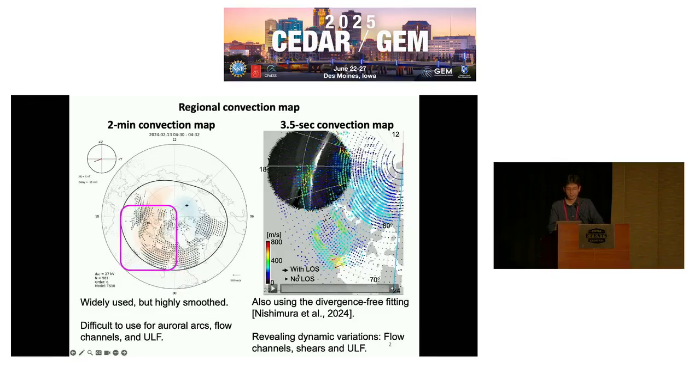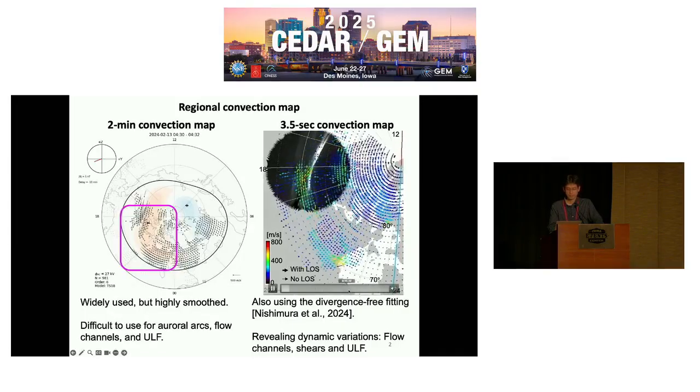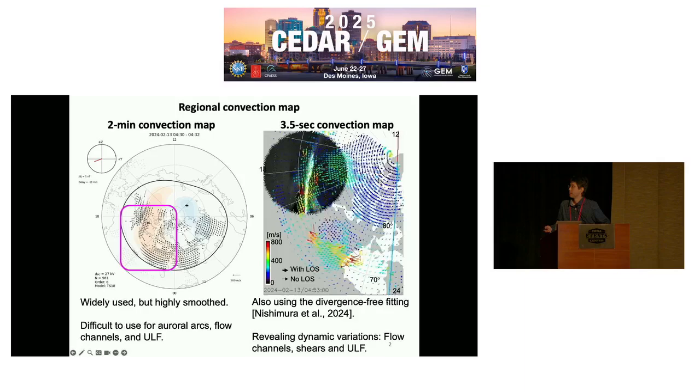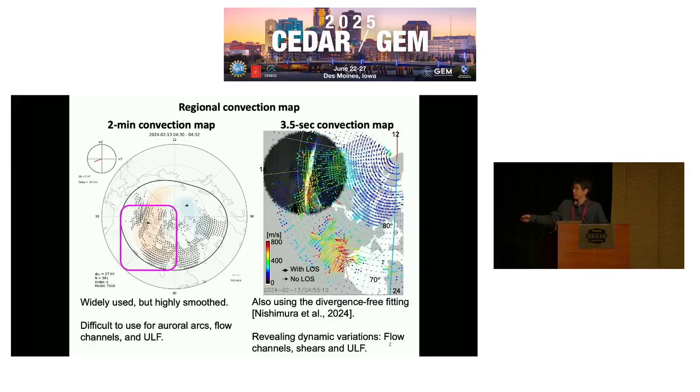Then by looking at the convection in that area at the high time resolution, we see a lot more structures in there. We see westward flow over here, and equatorial flows over there, the magnetic midnight down there, the dusk is to the left.